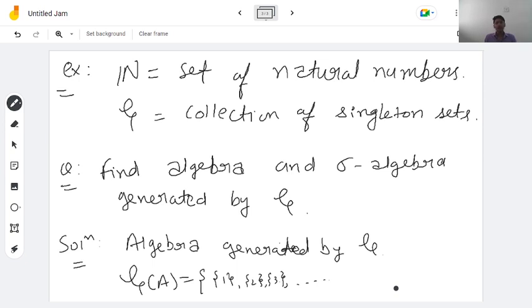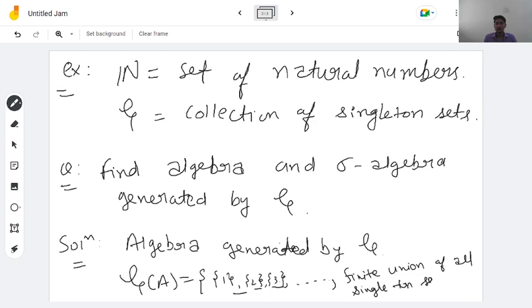Now from the property of algebra of sets, we know the finite union will also be there, right? So the finite union of all these singleton sets will be there.